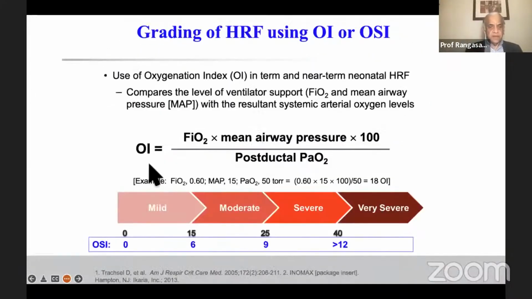Here we use FiO2 times mean airway pressure times 100, because it's an index, divided by pre- or post-ductal saturation, SpO2. Based on our data, which I'm going to show in a minute, between 0 to 6, OSI is considered mild, 6 to 9 moderate, 9 to 12 severe. Any OSI greater than 12 is considered very severe.